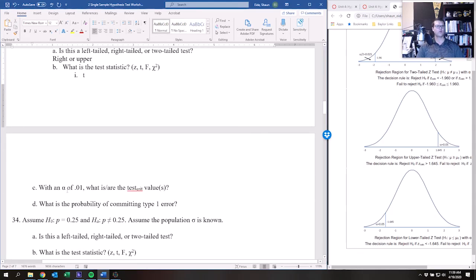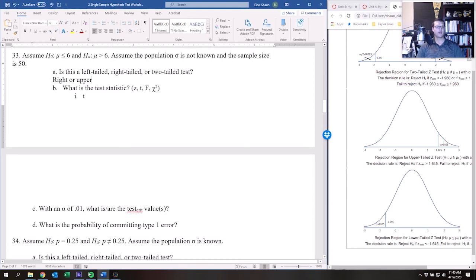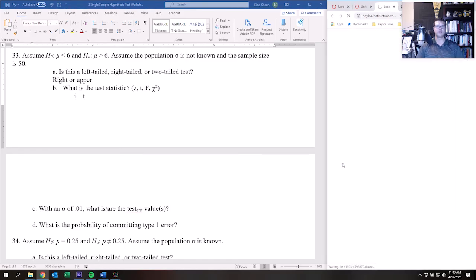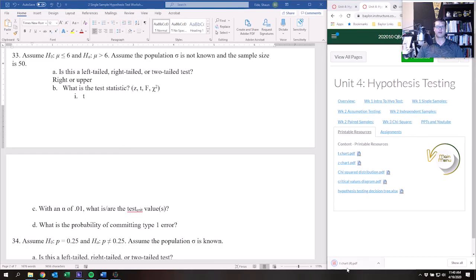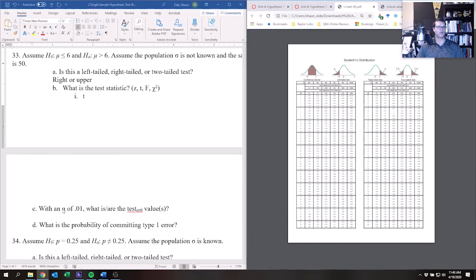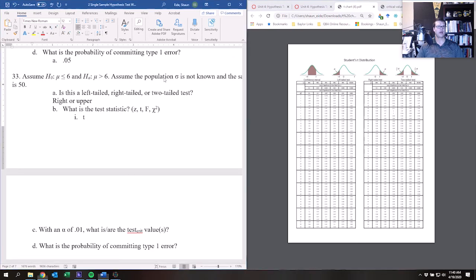In order to determine this, we have to go to our fun t-chart. We're going to download the t-chart, and I've got my t-chart right here. So what do we need to know? We've got a sample size of 50. We've got an alpha of 0.01 with an upper tail test.